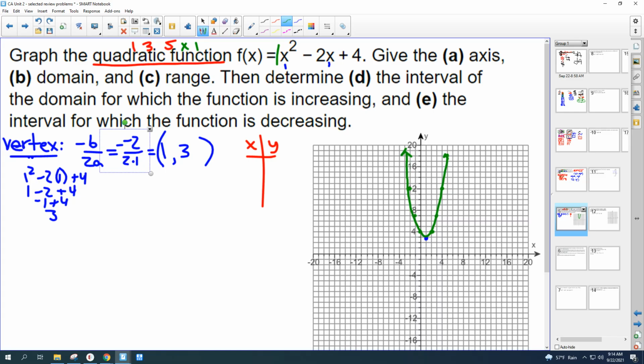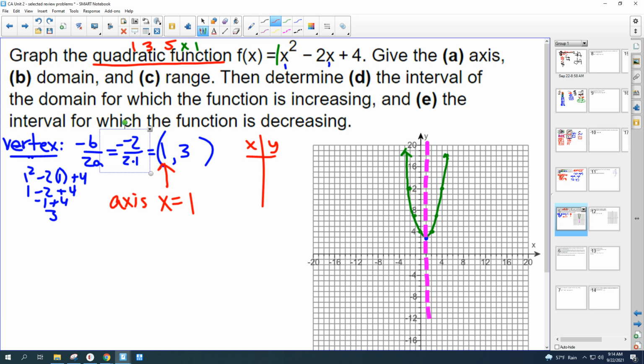Finding the axis of symmetry is this line that goes right through the middle. Axis of symmetry right there, and it's always going to match the x part. So the axis is x equals 1.